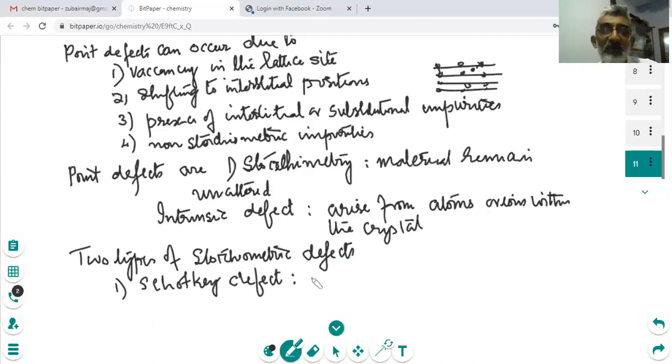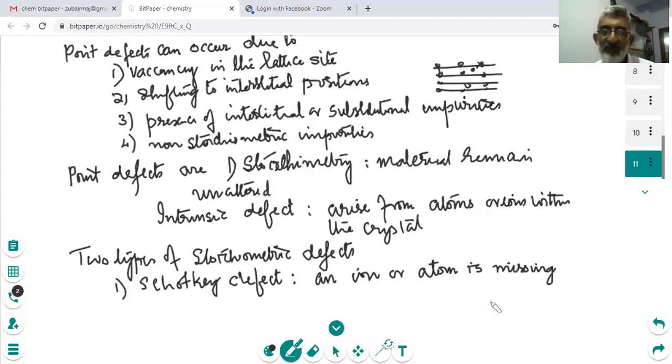This is the most common defect observed in many crystals, where an ion or atom is missing from the crystal lattice.